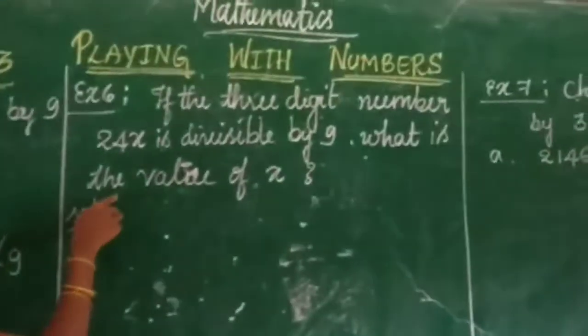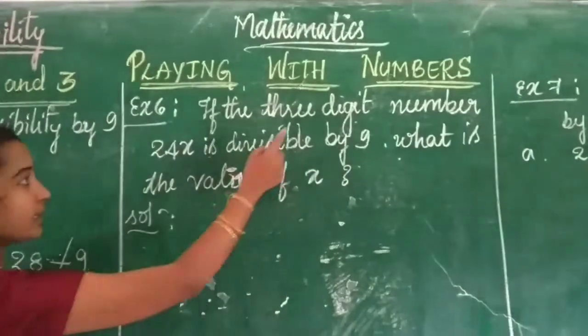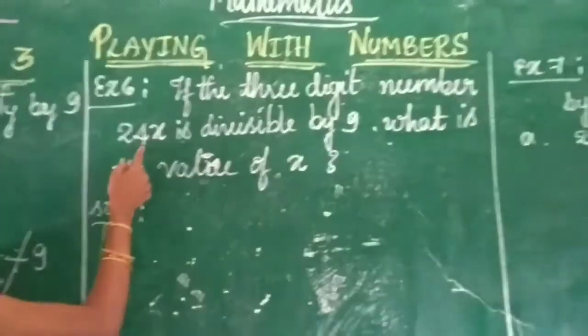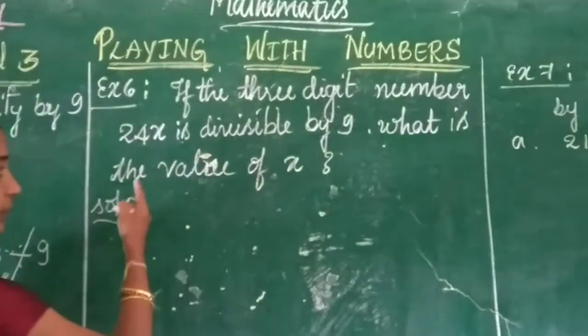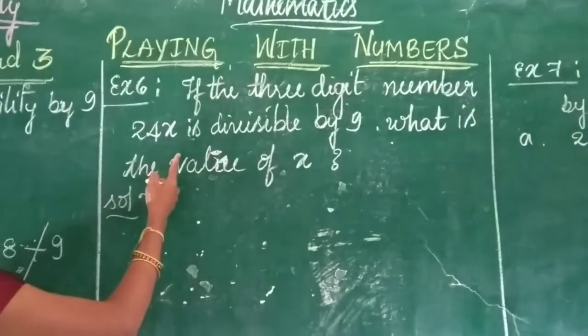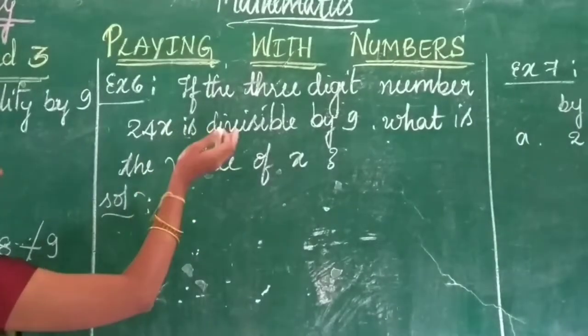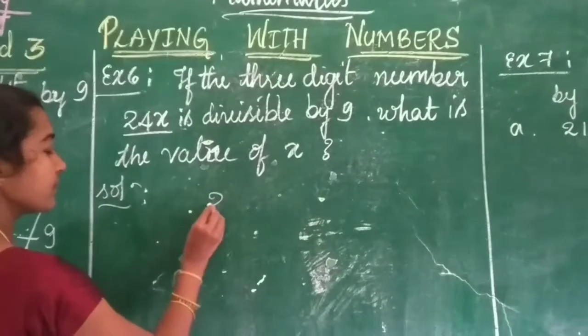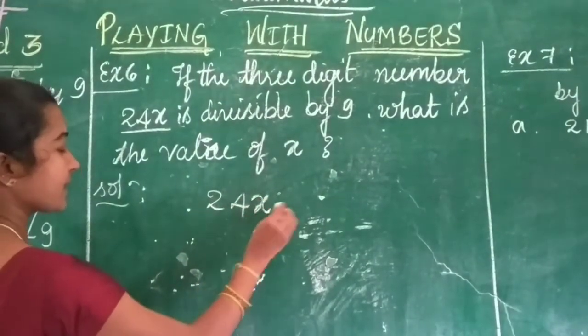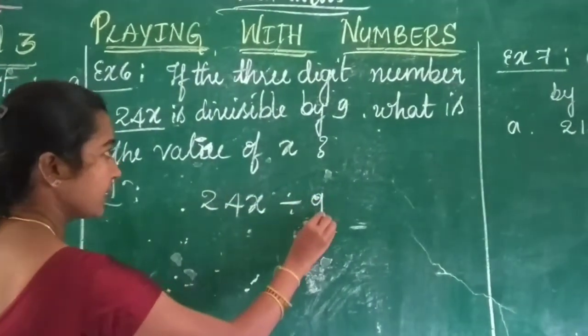Look, children. If the 3-digit number 24x is divisible by 9, what is the value of x? In this problem, there is a statement: the 3-digit number 24x is divisible by 9.